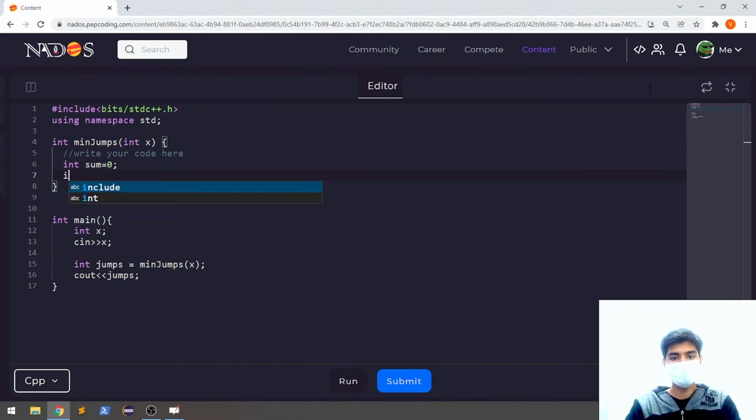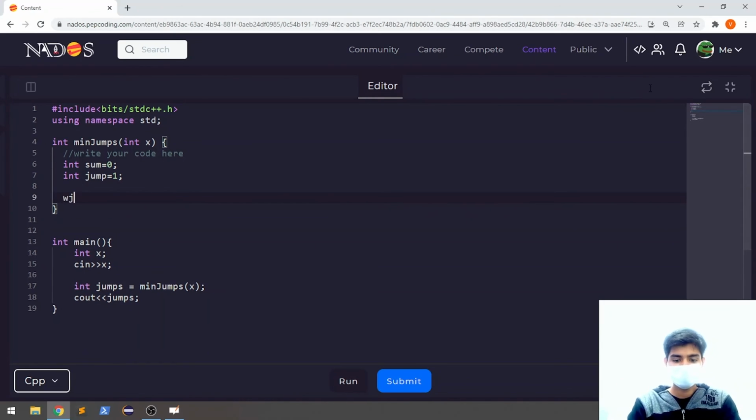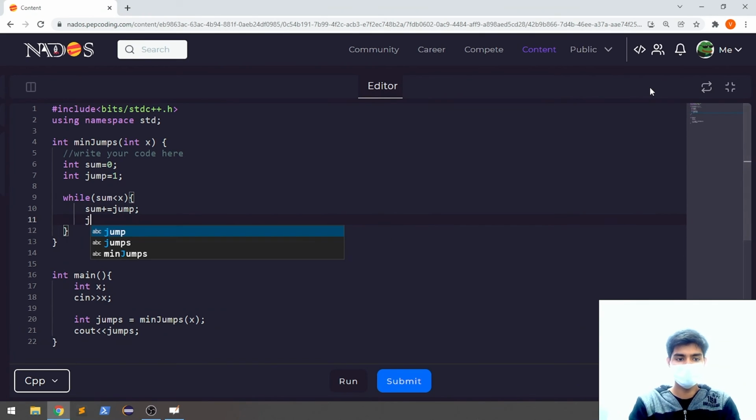Now I'll take a jump variable, let's call this jump, and set it to 1, because this represents the jump that I'm going to take. While sum is less than x, I have to reach the minimum distance. So while sum is less than x, sum plus equals jump, and jump plus plus.